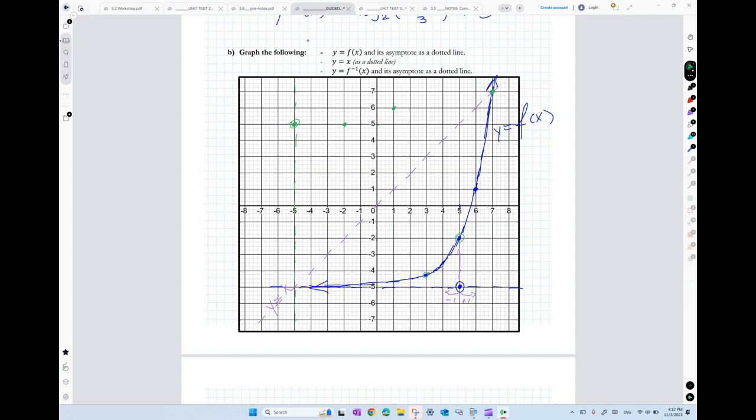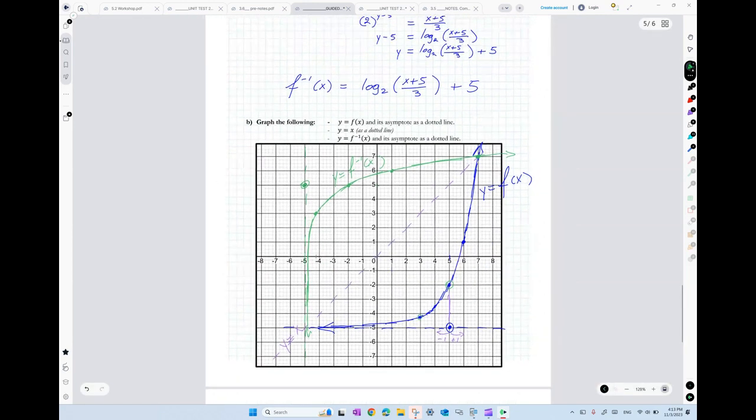So -4.25, 3 is going to be here. And that's already enough to give me a decent graph. This is y equals f inverse of x.